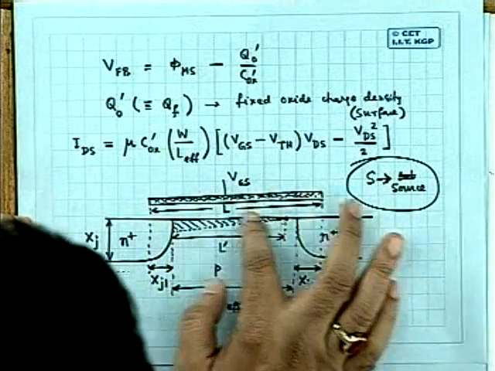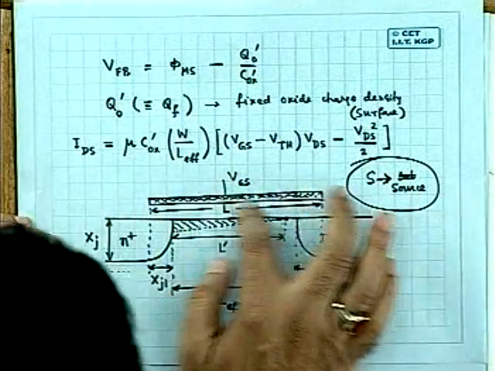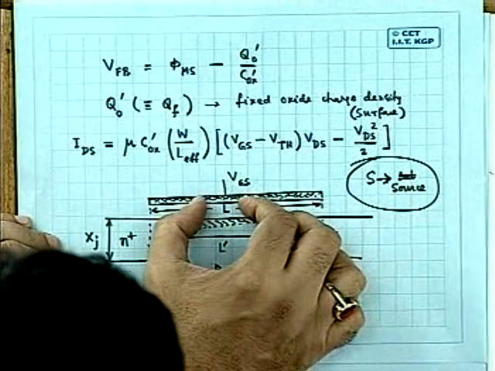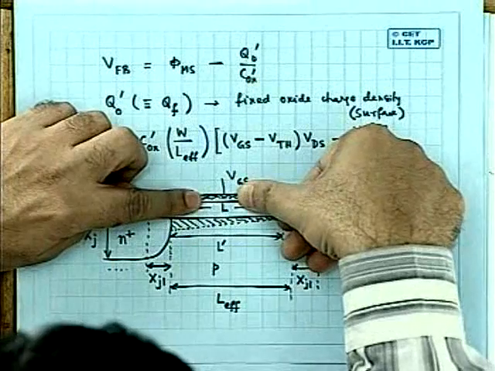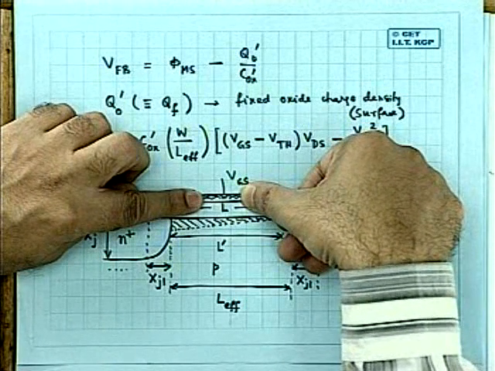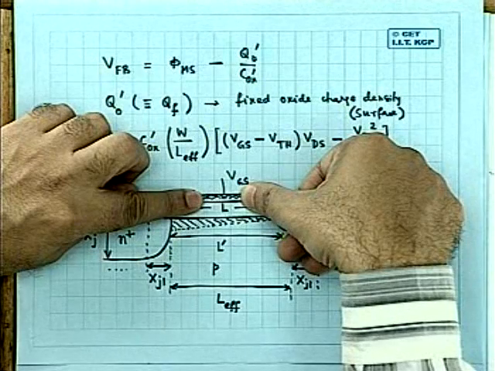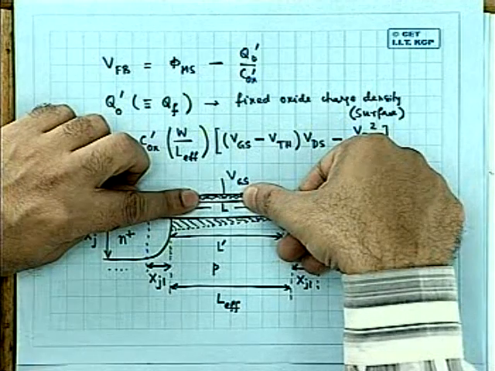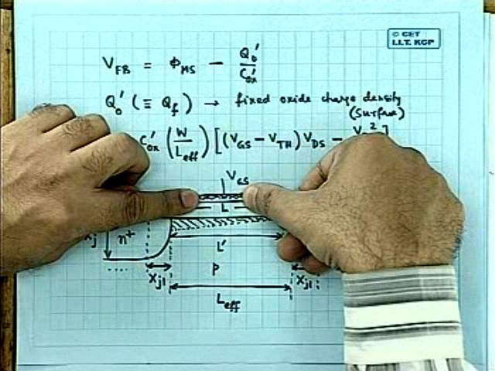You grow thin oxide, deposit polysilicon, pattern polysilicon, of smaller length, the actual polysilicon you are making, say, this much length, okay? Then, using polysilicon as a mask, you now diffuse phosphorus. So what will happen?